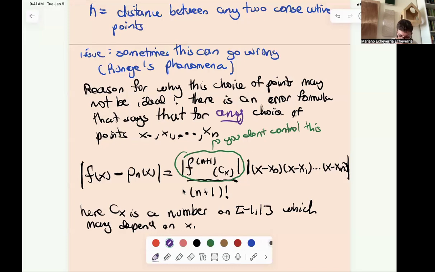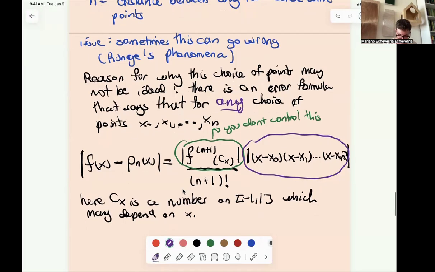But you can control this, because you can choose x0, x1 up to xn. You can control this since you are the one who is allowed to choose x0 up to xn.